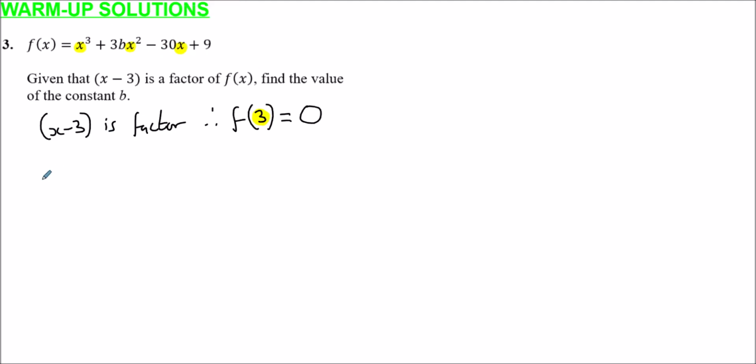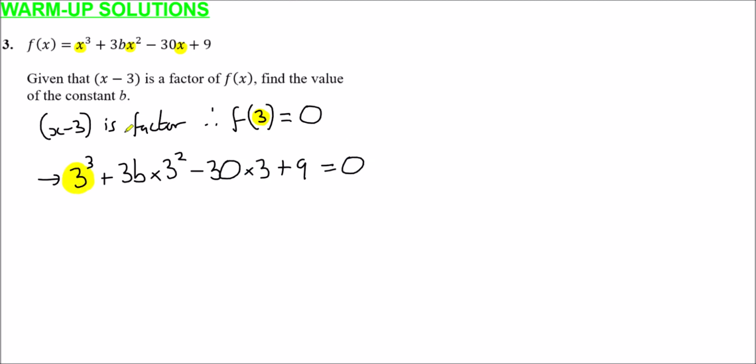So next step, 3 cubed plus 3b times x squared, so 3b times 3 squared, minus 30 times by 3 plus 9, that is f of 3, that all equals 0. And like I've said, all I'm doing here is just subbing in that x is the same as 3.